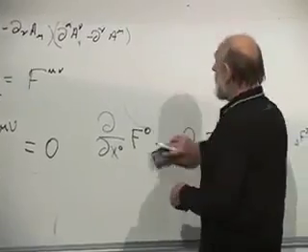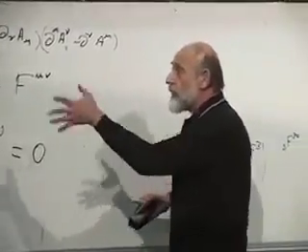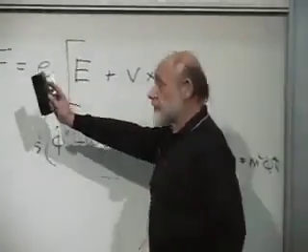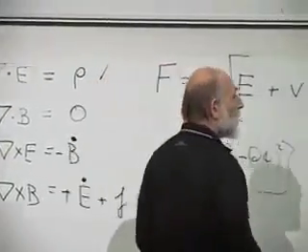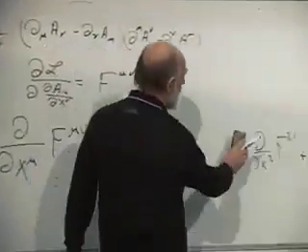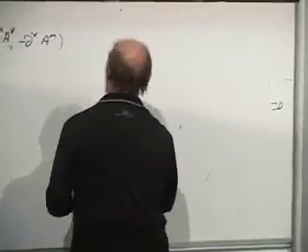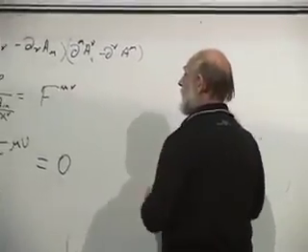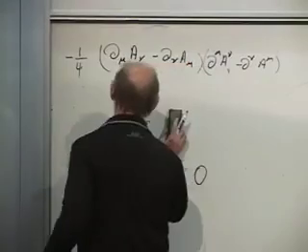And all of electromagnetism without charges, without any charges in it, all of it follows from this very simple expression. Well, here it is. Minus a quarter F mu nu, F mu nu.